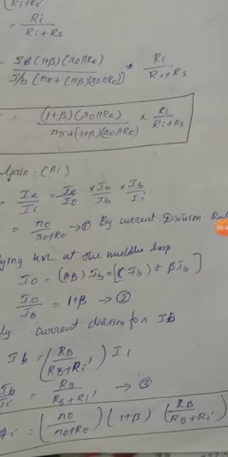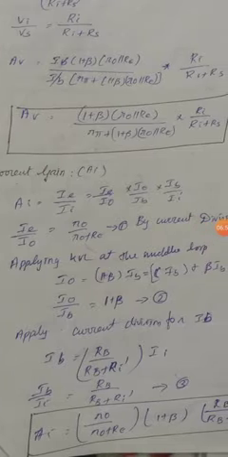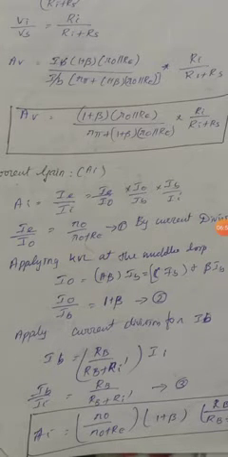We know that I naught equal to IE, and we have already derived that IE equal to 1 plus beta times IB. From that, I naught by IB can be given as 1 plus beta, and next we have to find IB by Ii. So applying the current division rule for the input, IB can be given as RB divided by RB plus Ri dash into Ii.